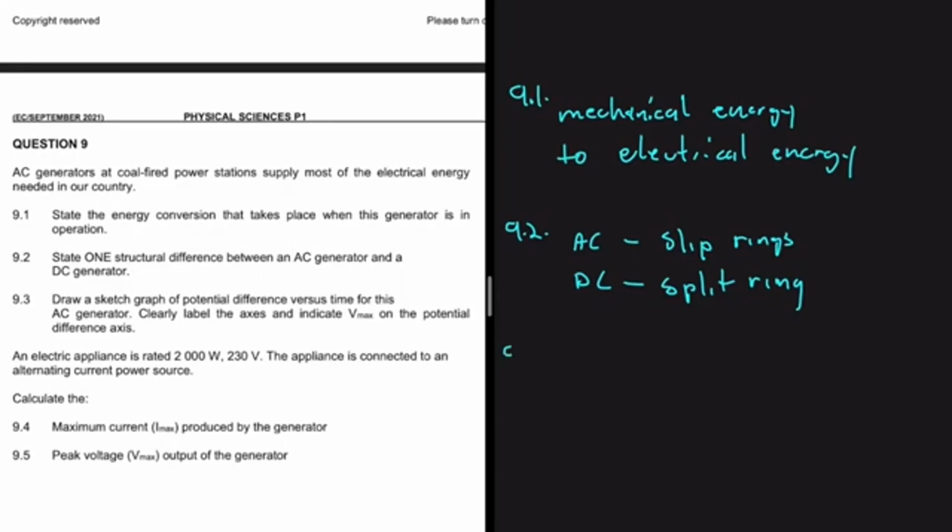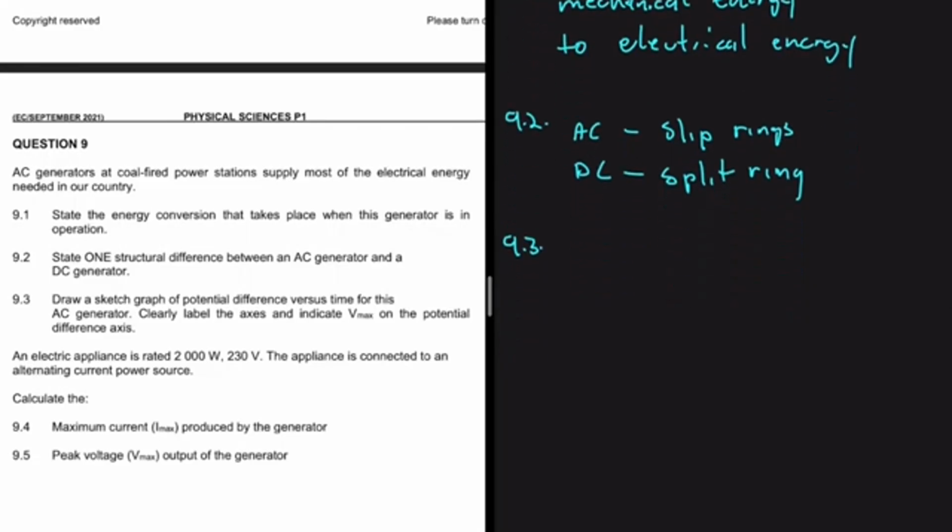And then 9.3, draw a sketch graph of potential difference versus time for this AC generator. Clearly label the axis and indicate Vmax on the potential difference axis. So what is an AC generator? An AC generator produces alternating current, right? But what do we mean by alternating current? The current changes direction every half cycle.